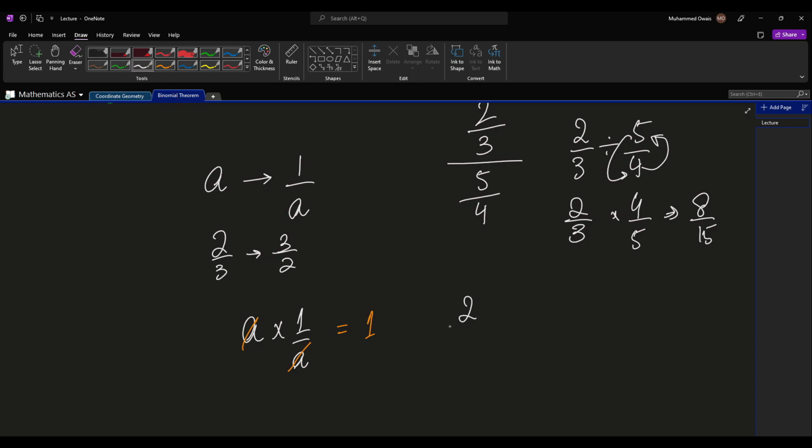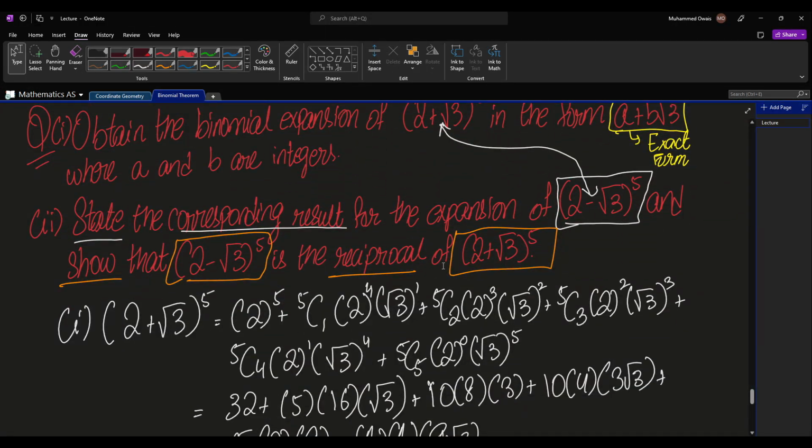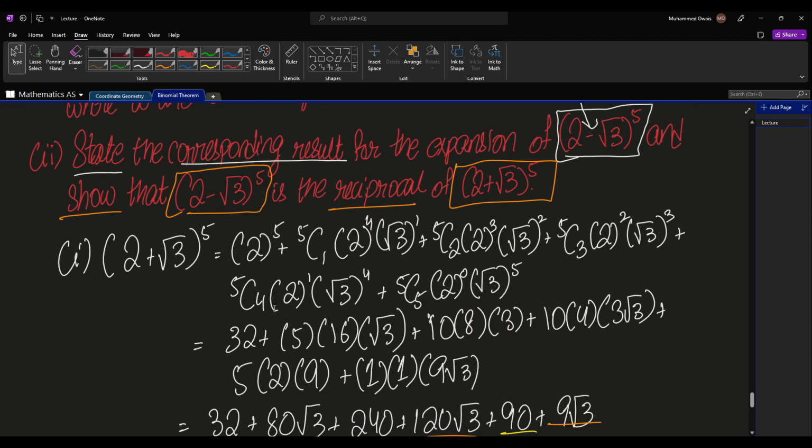For example, 2 over 3 into 3 over 2. If I multiply the reciprocals of each other, they will cut each other out and give me 1. So now they are telling us to show that these two are reciprocals of each other. So what we can do is multiply these two, and if they give us an answer of 1, that means these two are reciprocals of each other.